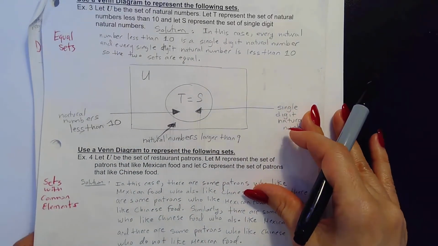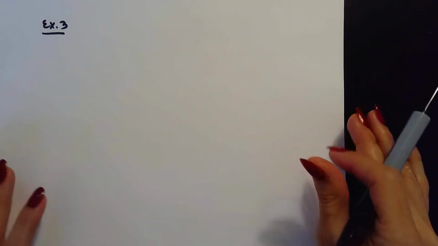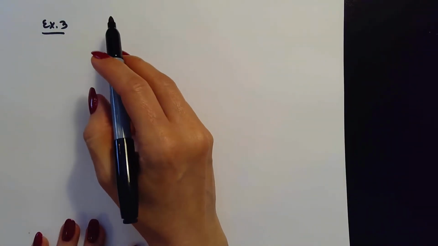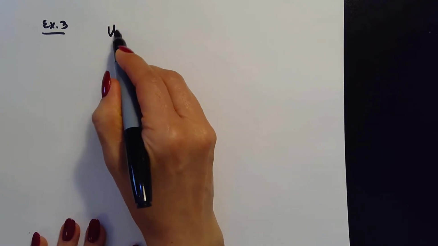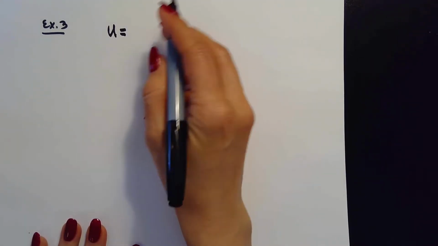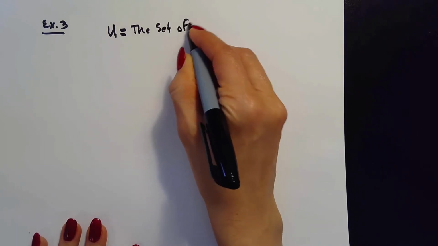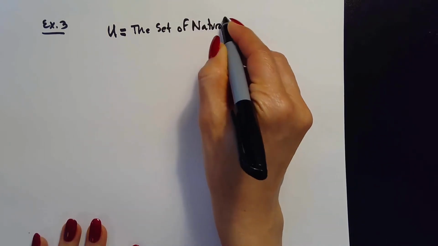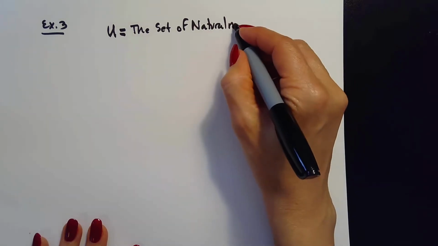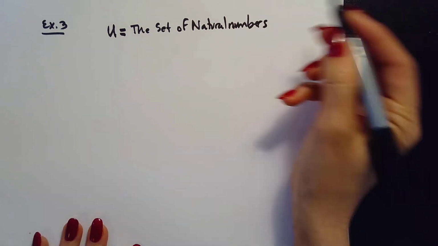Okay, so let's see what we're looking at. I need to go ahead and find the sets. U is all the natural numbers. So this is the set of natural numbers. What are these?